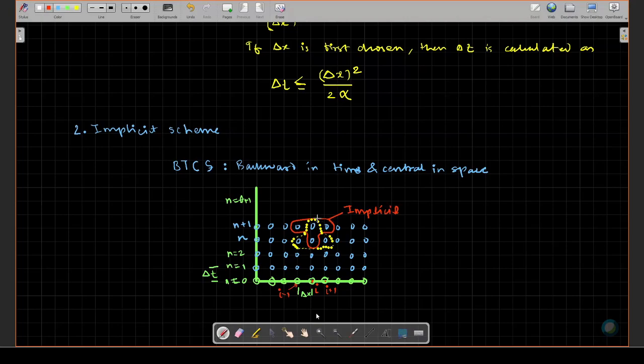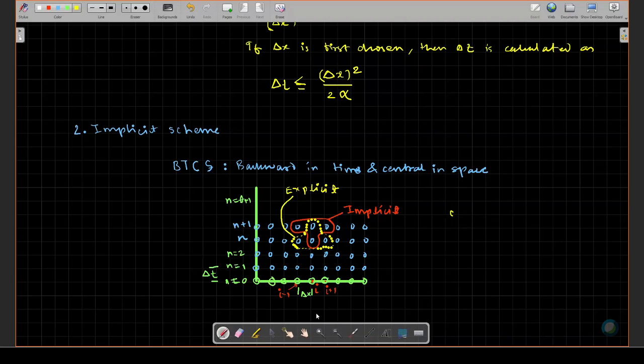Now with this stencil, our equation will look like this.